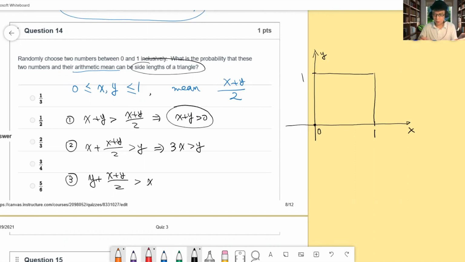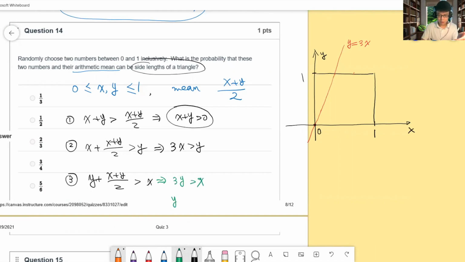So let me draw the line y equals 3x. So the valid points are the points below this red line. And then the third case we have for the other way. Basically, we can switch x, y. So that corresponds to 3y is larger than x.